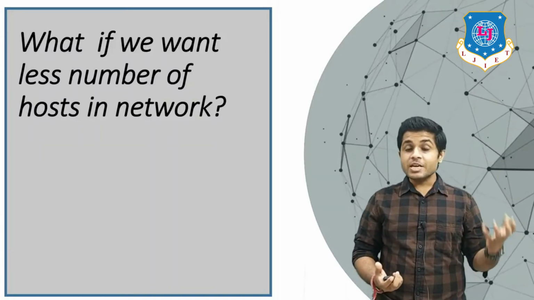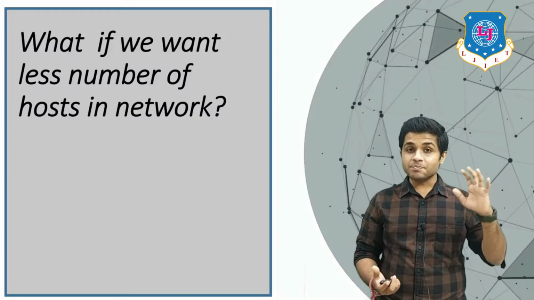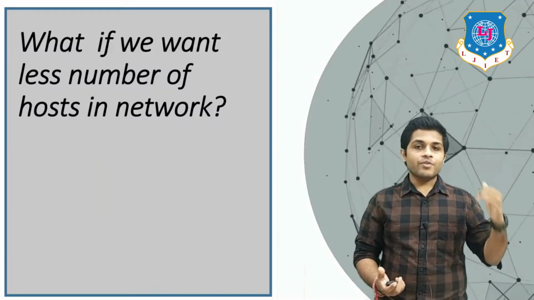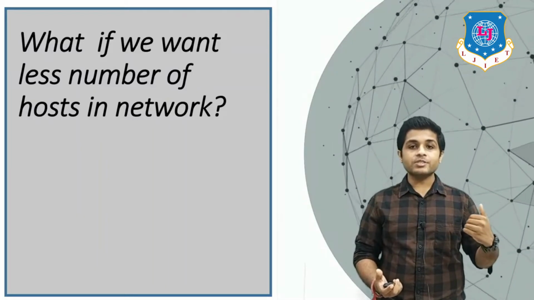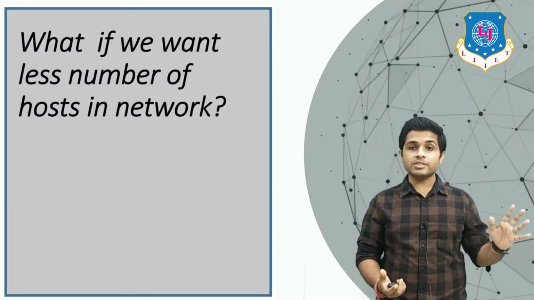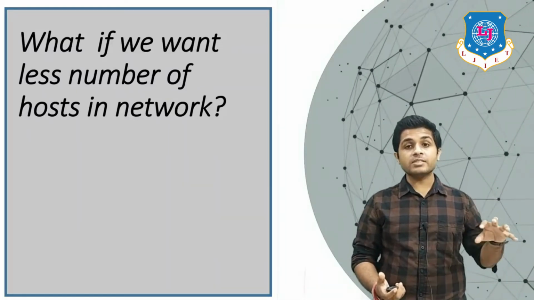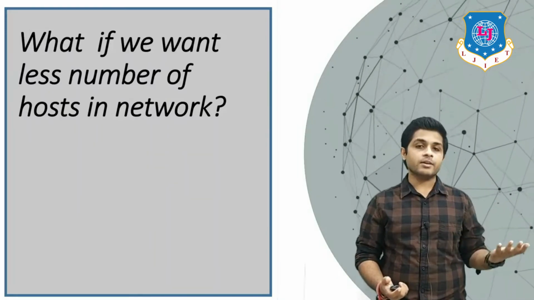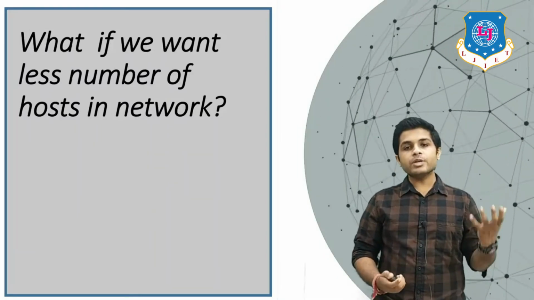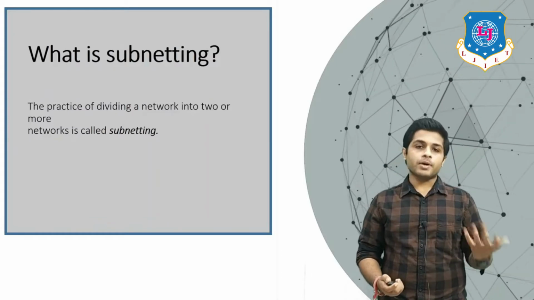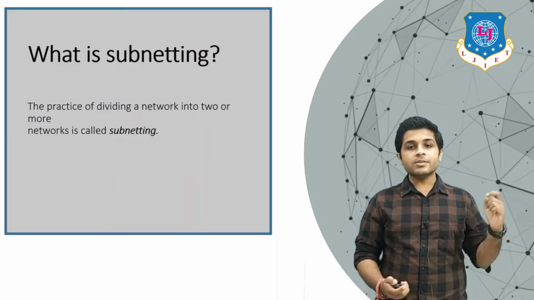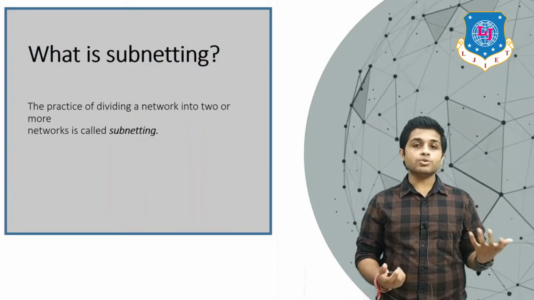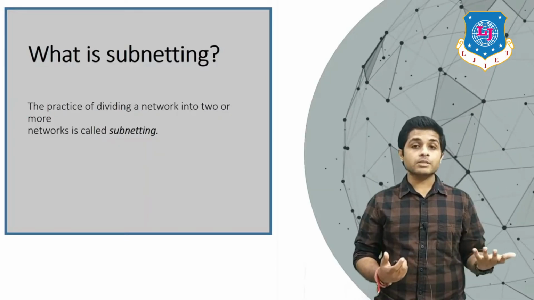In that case, if I purchase one class B network, the remaining addresses will be wasted and will not be allocated to any devices, so fewer devices will be connected to the internet. So in that case, we have to divide the network into smaller parts. The practice of dividing a network into two or more networks is called subnetting.